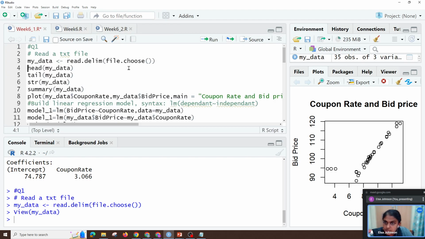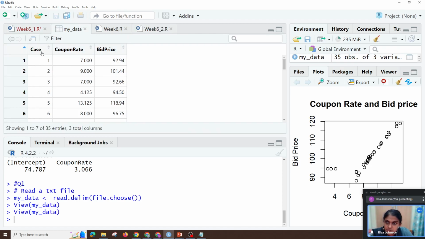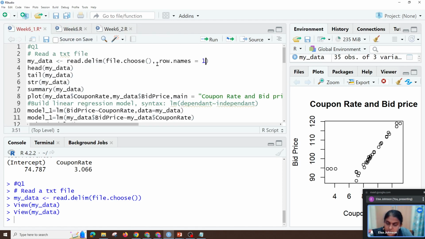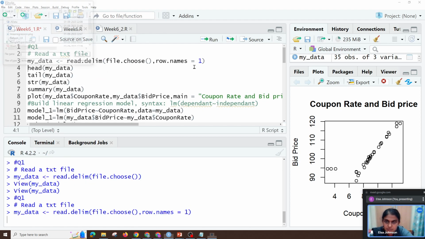We don't need that, because this is just a serial number, same as the index number, so we don't want a repetition of that. So we are giving row dot names equal to 1. I'm just saving, and this is our summary, and we have plotted it also.